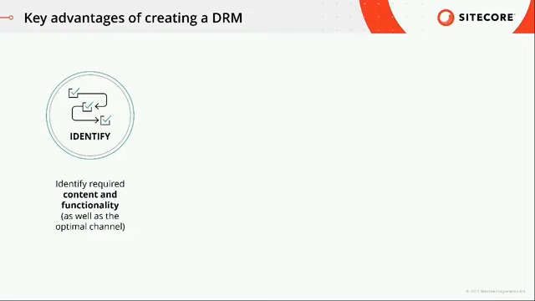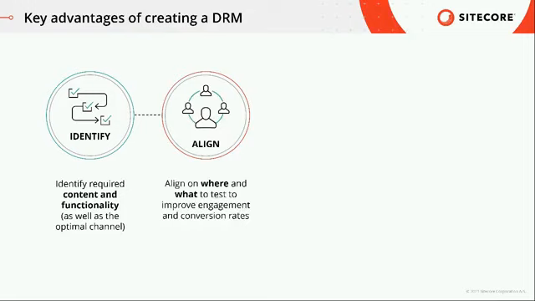So it's going to help you identify missing content and functionality, as well as the optimal channel, and it'll tell you where and what to test to improve engagement and conversion rates, gaining organisational alignment around context marketing and the customer experience, and enabling your developers to focus on customer and user intent, as well as appropriate goals and calls to action for each stage in the life cycle.